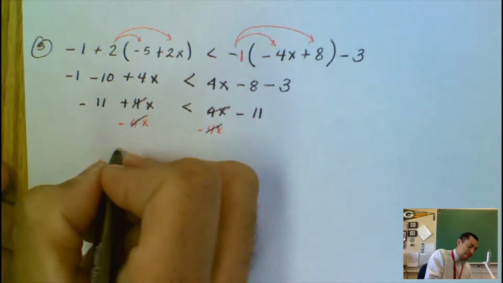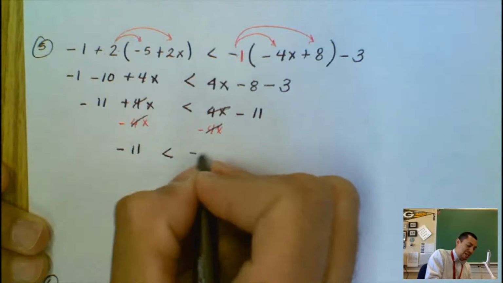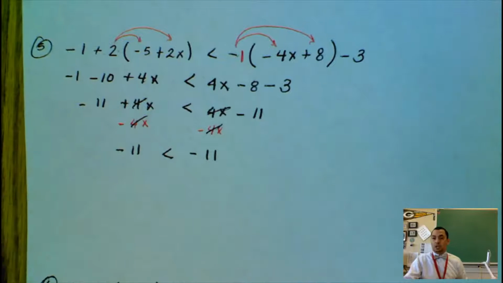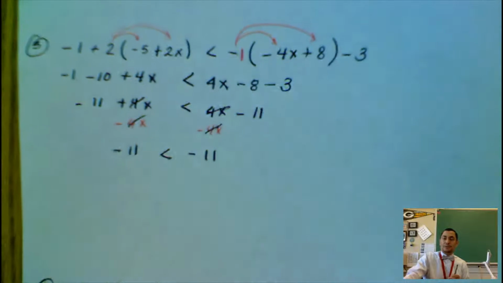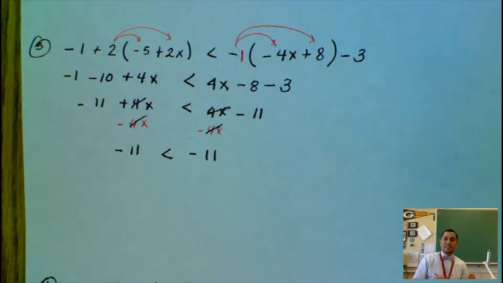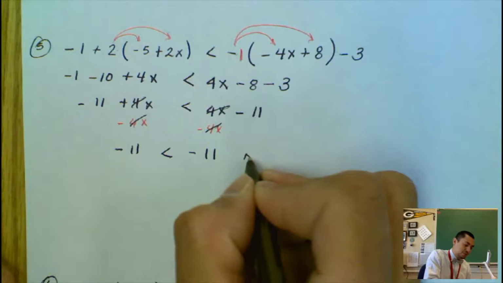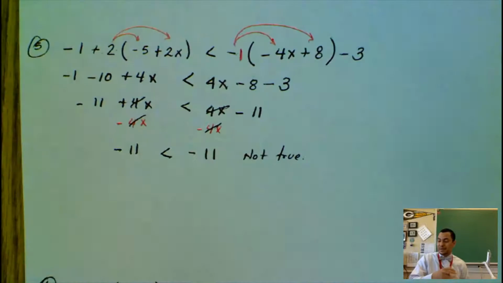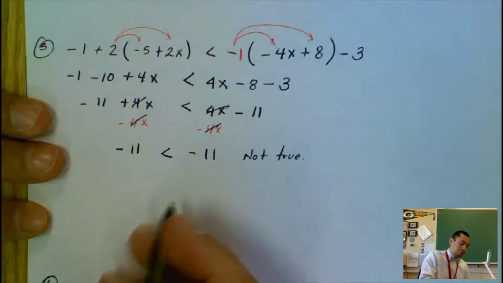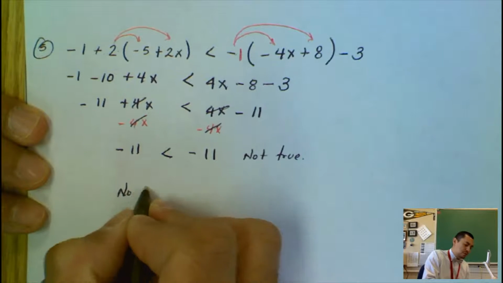So what I have is negative 11 is less than negative 11. Now, again, the question we are asking ourselves at this moment is: is negative 11 less than negative 11? No, this one is not true, because negative 11 is equal to negative 11. So in this case, what is the solution? No solution.